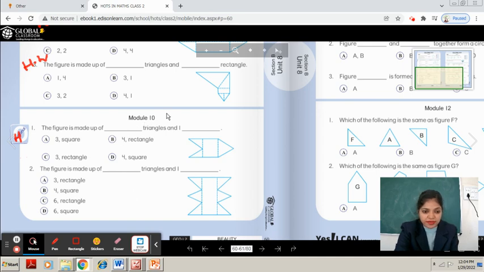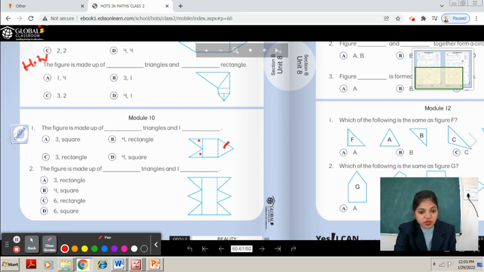Module 10, you can see in the first question, the figure is made up of dash triangles and one dash. So students, now we will count the triangles. 1, 2 and 3.